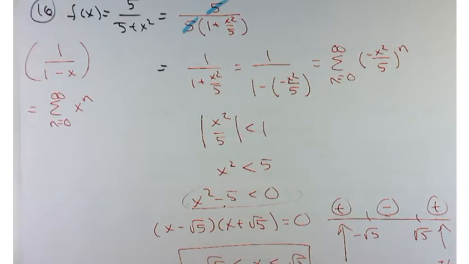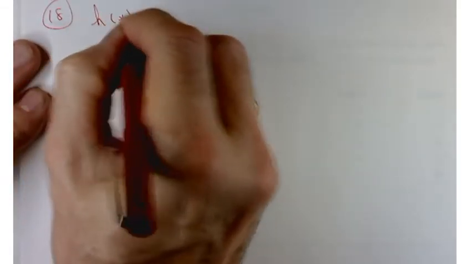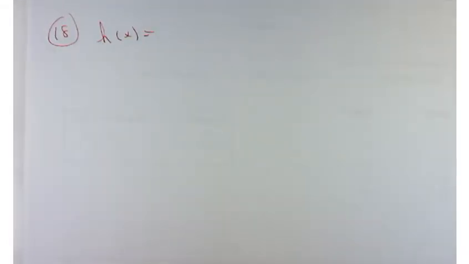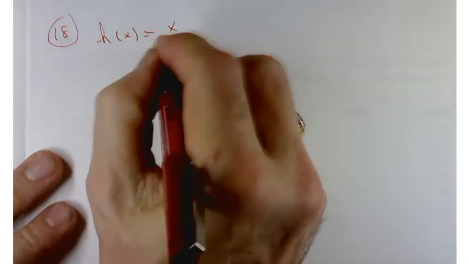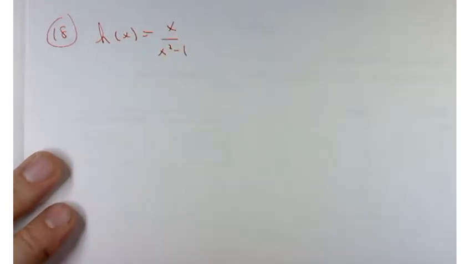Anything on 16 before I do problem number 18? All right, problem 18. H of x is x over x squared minus 1.